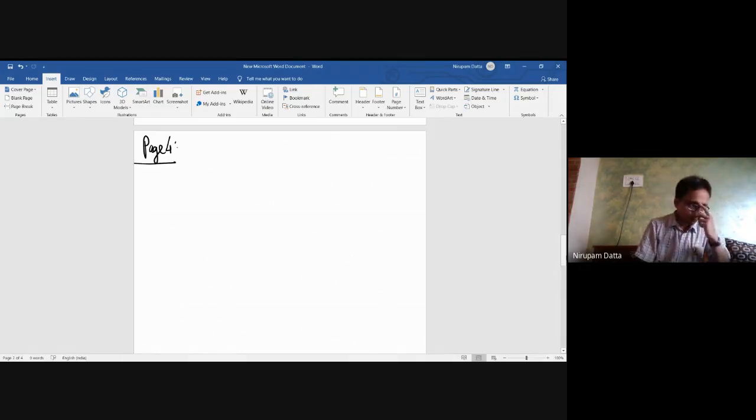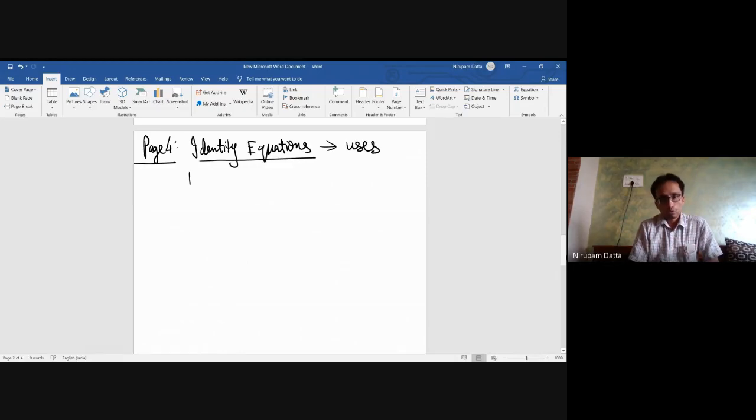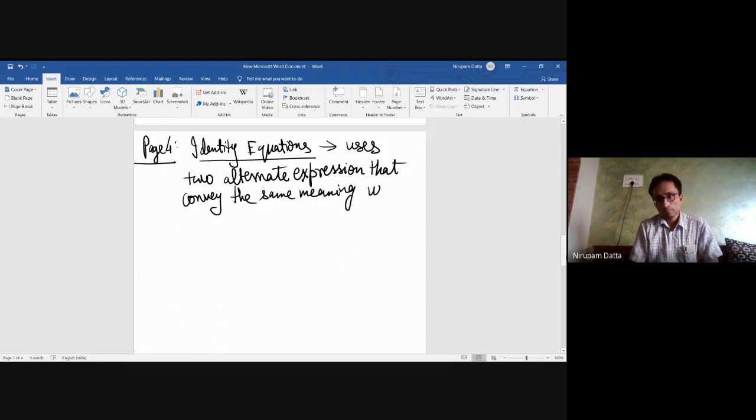So we'll start with identity equations. An identity equation uses two alternate expressions that convey the same meaning, using this sign.